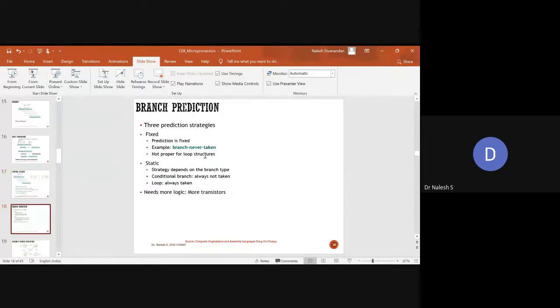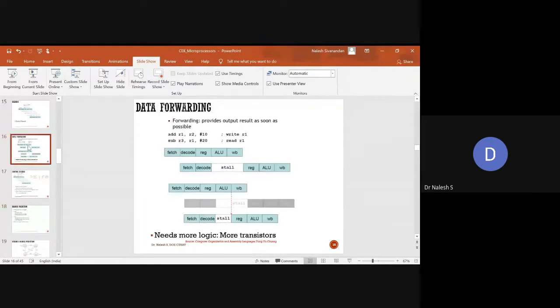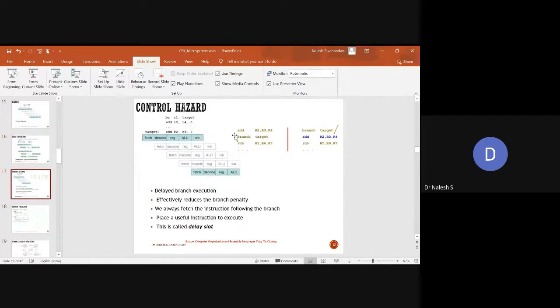Another way is you try to predict the outcome of the branch. That is, you have this branch instruction. You assume that the branch is always going to continue to sub, and you start executing sub. If you fetched the branch instruction, in the next cycle you fetch the add instruction, and you continue executing add.